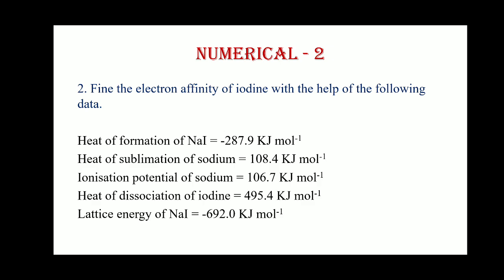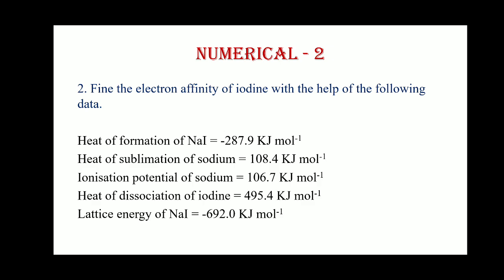Heat of sublimation of sodium is given as 108.4 kilojoules per mole. Ionization potential is given as 106.7 kilojoules per mole. Heat of dissociation of iodine is given as 495.4 kilojoules per mole. And lattice energy of sodium iodide is given as minus 692.0 kilojoules per mole. Here the lattice energy is given, and we have to find the electron affinity of iodine.